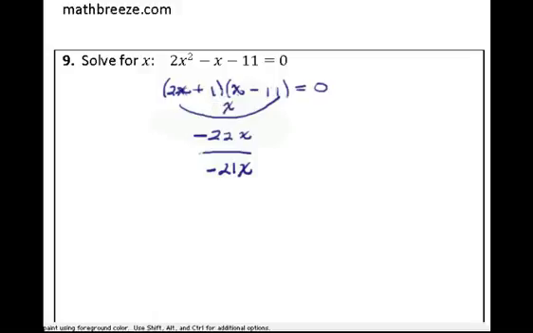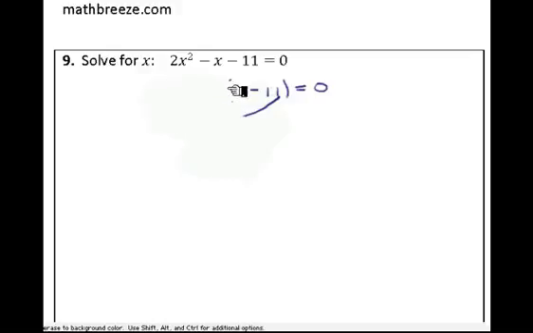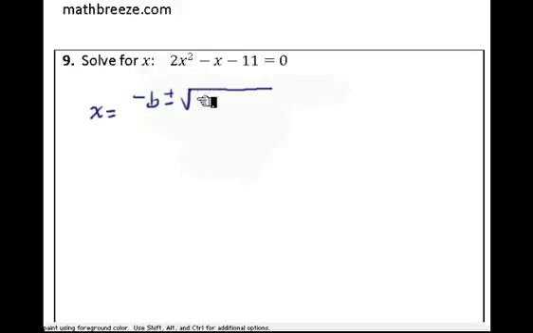So since factoring doesn't seem to work, in other words, this does not seem to be factorable, we'll try the quadratic formula. All right, let's write down the quadratic formula. x is equal to minus b plus or minus the square root of b squared minus 4ac over 2a.